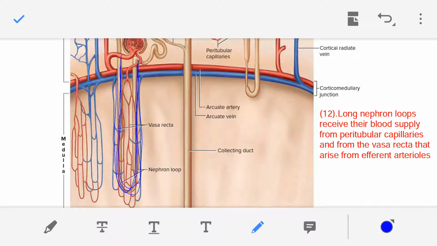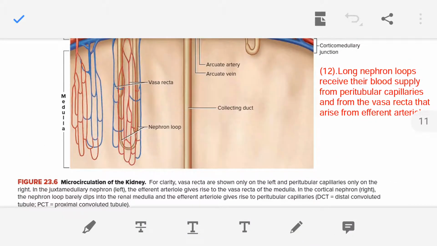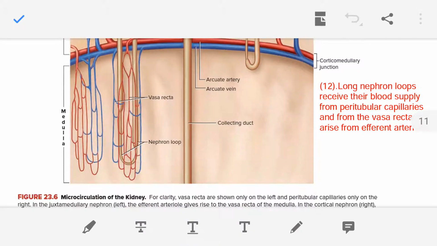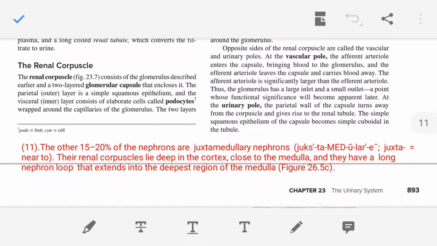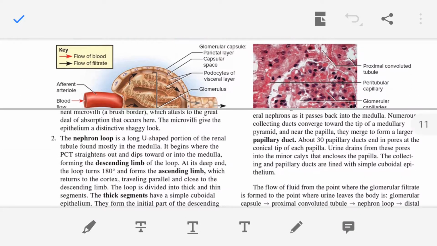This part of the renal tubule is known as the nephron loop. Okay, so we can say the juxtamedullary nephron has the longer nephron loop which extends into the medulla. Okay, so this is the 11th point that we have discussed. Now we are discussing the 12th point.